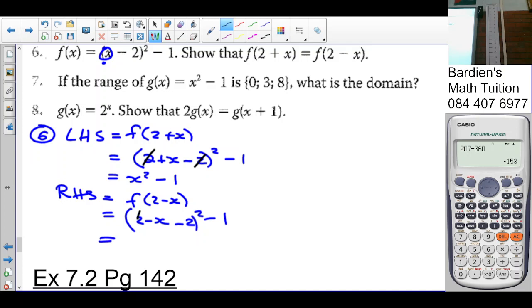Again, 2 cancels 2. What's negative x squared? x squared minus 1. But I say, hang on. Left hand side is x squared minus 1, and this is equal to the left hand side. Can you see that, people? I can't believe it's so easy.